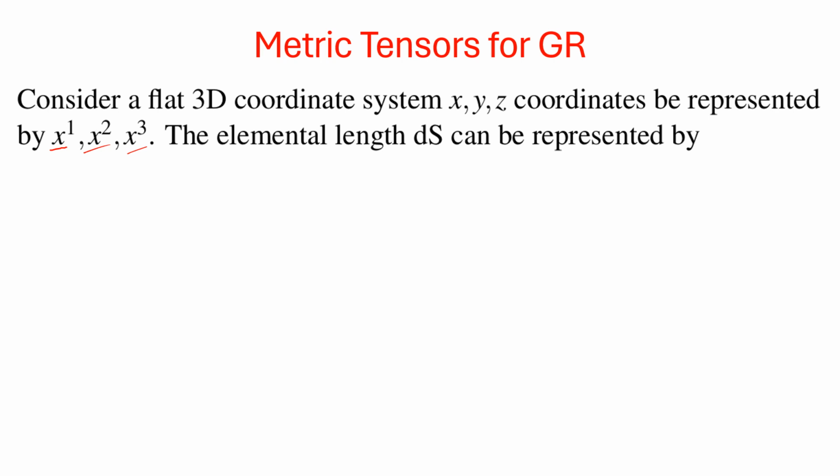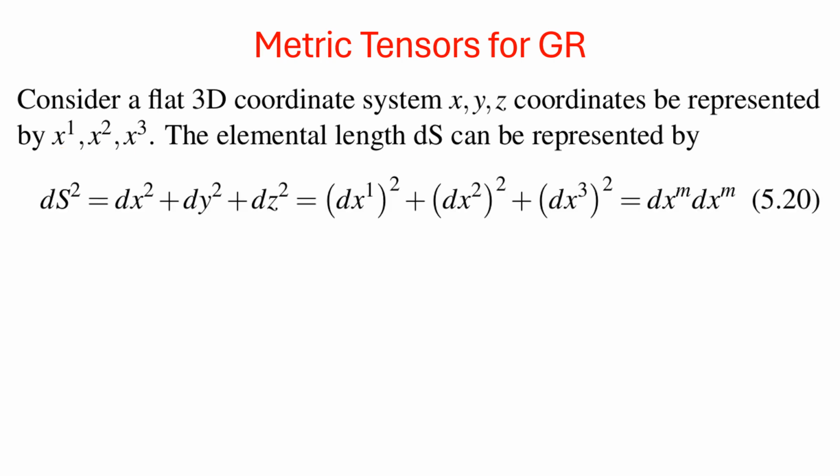The length element ds square can be represented by dx square plus dy square plus dz square. In general, it can be represented by dx1 square, dx2 square, and dx3 square.